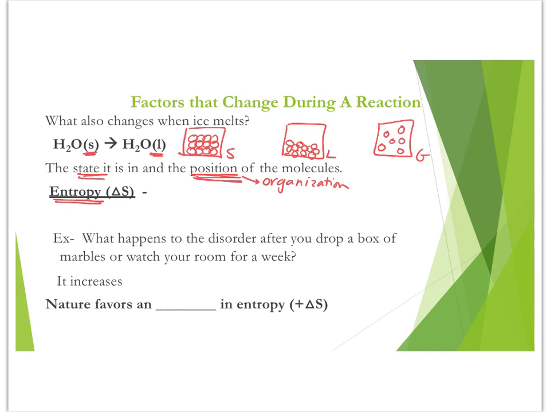So entropy, you want to think of that as being the randomness, that's why I highlighted the R, randomness or disorder of particles. The more entropy it has, the more random it gets, okay? Systems in nature tend to move towards greater entropy.